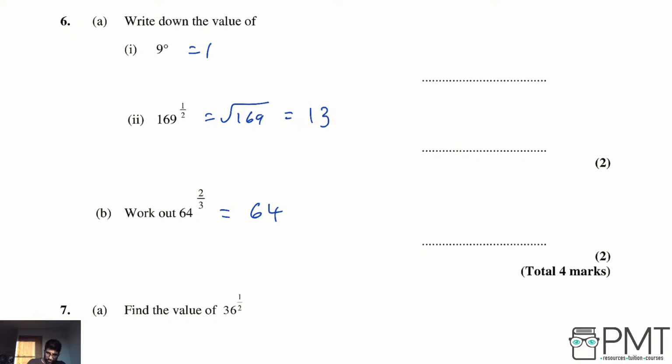So I'm going to consider that 2 over 3 is the same as 2 times 1 over 3. So I can write this in two ways. I can write this as 64 squared to the power of a third, or 64 to the third squared.